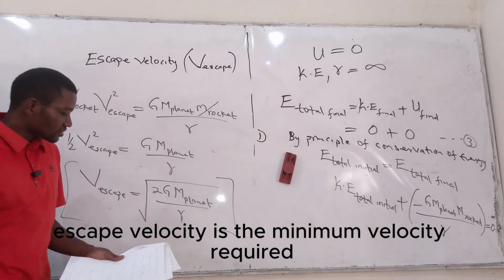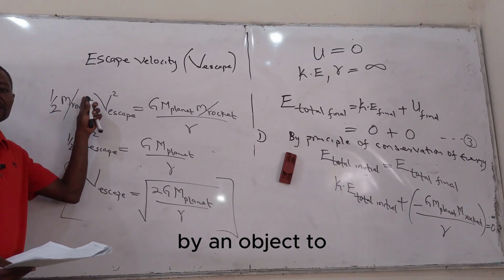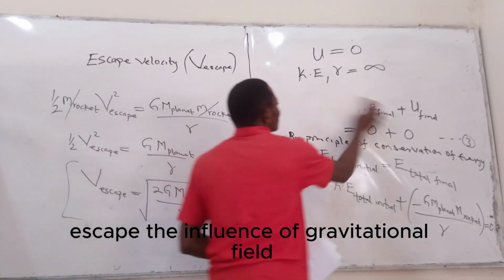And we say escape velocity is the minimum velocity required by an object to escape the influence of a gravitational field.